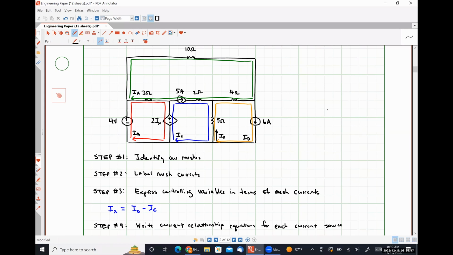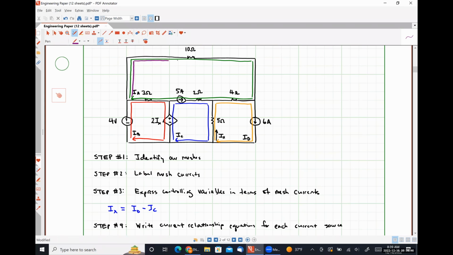Just like we couldn't write a KCL expression for the current flowing through a voltage source, because they're not related. So instead, we are going to combine two meshes to create a path that avoids us having to take that voltage drop. We want to make the smallest possible combination of meshes that avoids taking that voltage drop. So I'm going to draw that in purple here.